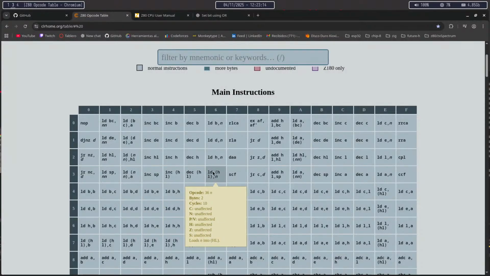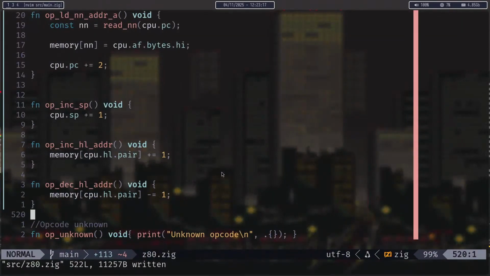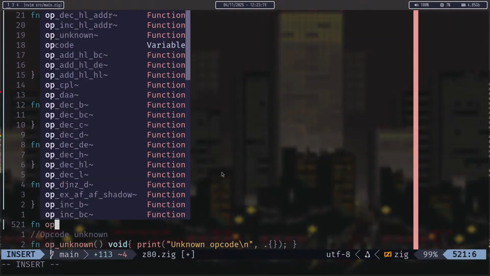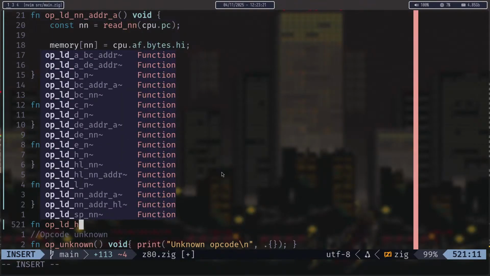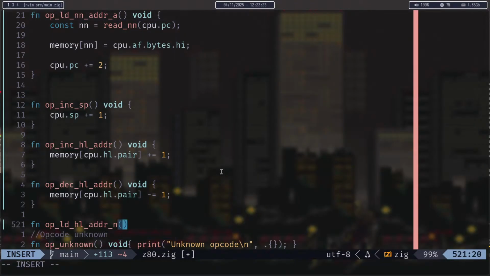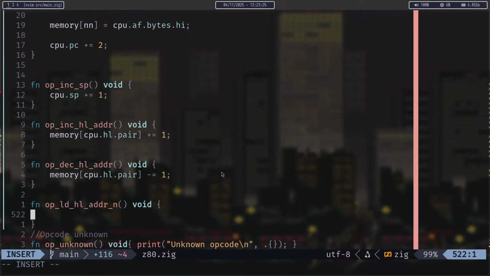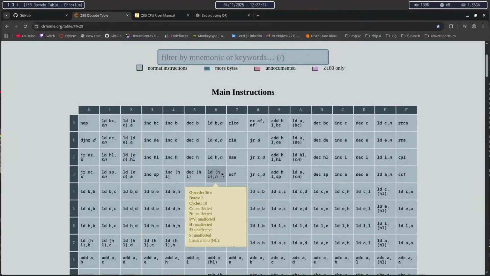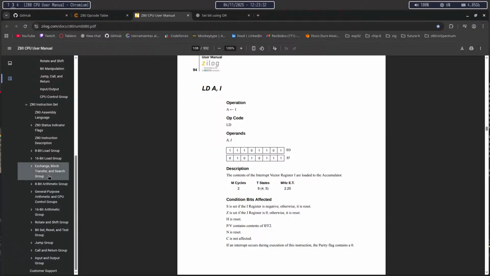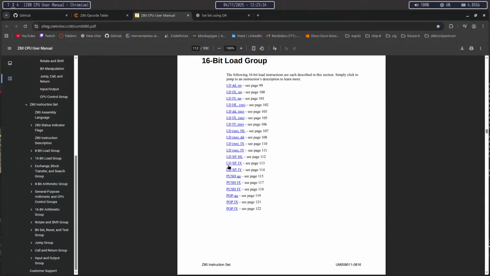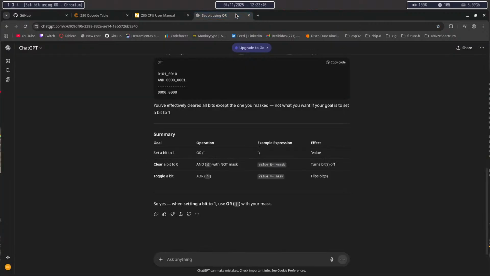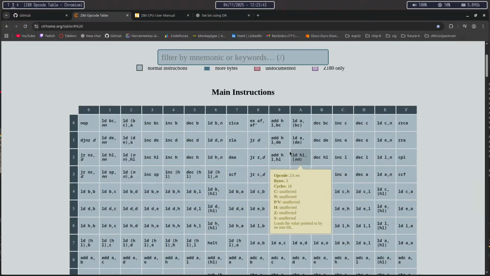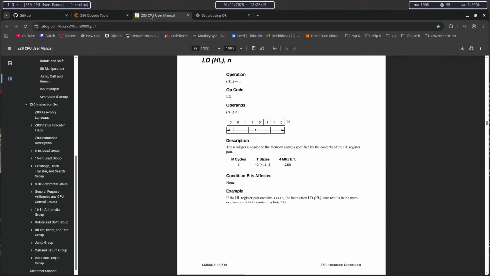Okay, load HL address N loads N into the memory address pointed to by HL. That's it, right? So this is not in here? Okay. This is the one. Just to make sure. HL N, yeah.